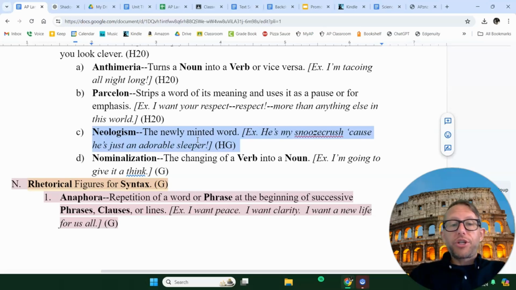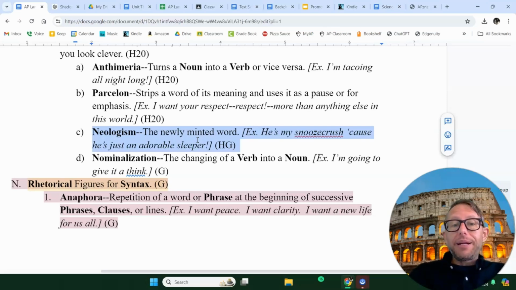He's my snooze crush because he's just an adorable sleeper. So the logic is somebody is so adorable when they're sleeping and only when they're sleeping that they become, quote unquote, your snooze crush. And my guess is that you can walk away from that sentence and say, yeah, I know what a snooze crush is. That makes complete and total sense. Copyright 2024, Mr. Zachary Haupt. So that's a neologism.